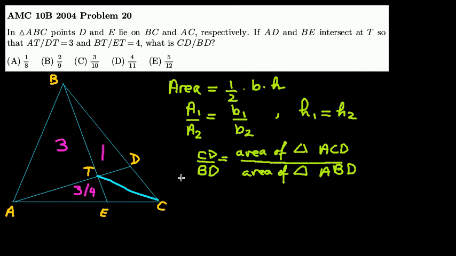So let's break it like this, and let the area of triangle TDC be X and the area of triangle TEC be Y. Let's see what kind of relationship we can obtain to solve for X and Y.